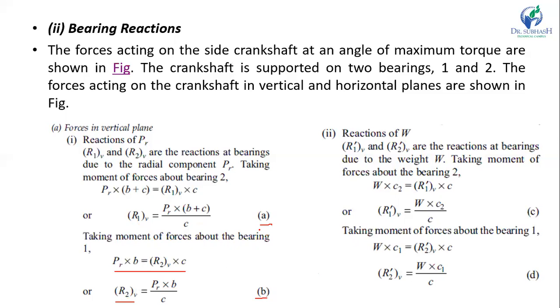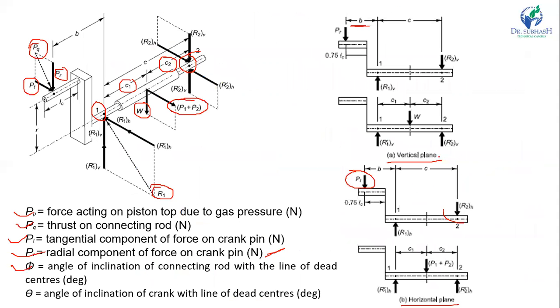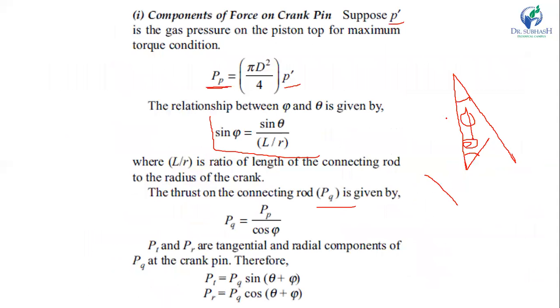Now the reactions due to W. R1 dash V and R2 dash V are both reactions at the bearings due to the weight W. Taking moment of forces about bearing 2, R1 dash V into C, where C is C1 plus C2, is equal to W into C2.